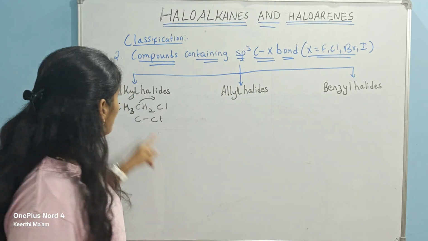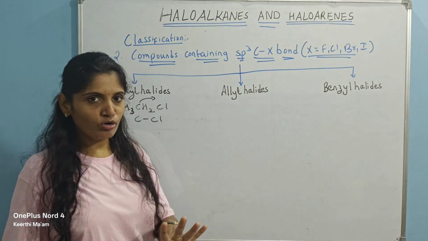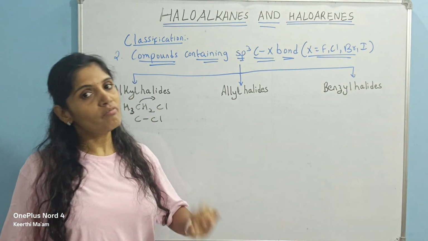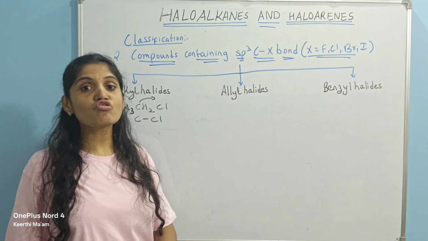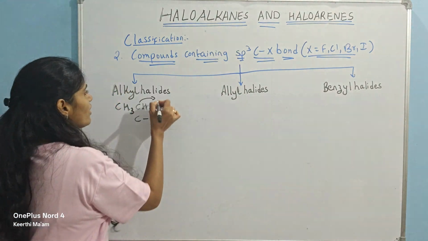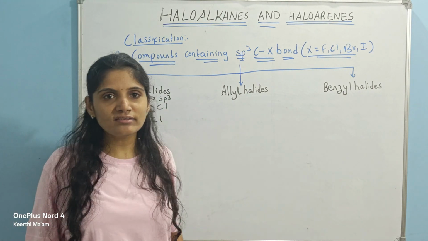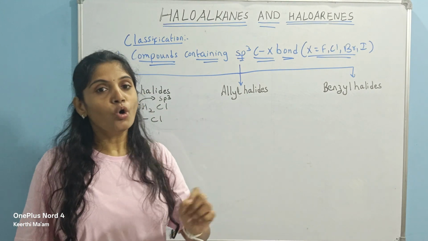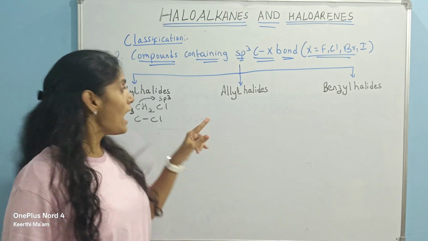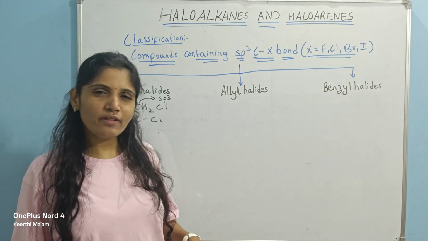This carbon has 4 sigma bonds, so the steric number is 4. When the steric number is 4, the hybridization should be sp3. So this carbon's hybridization is sp3. So alkyl halides have a carbon holding halogen, and that carbon has which kind of hybridization?